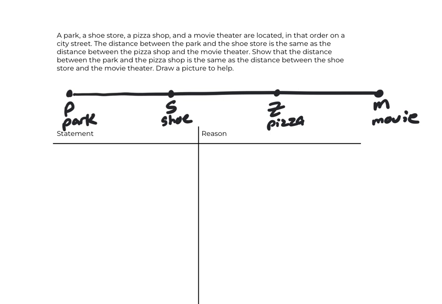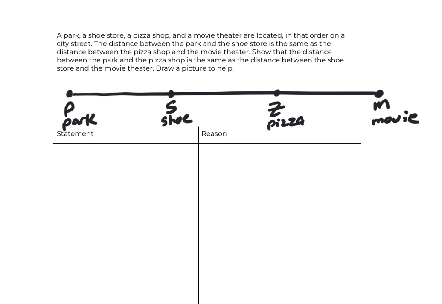Okay. We have 4 stores, or 4 locations, I should say. Park's not a store. So we have a park, a shoe store, a pizza shop, and a movie theater. So I just made like a segment, okay? And I put locations at different spots. I just labeled them with P, S for shoe.